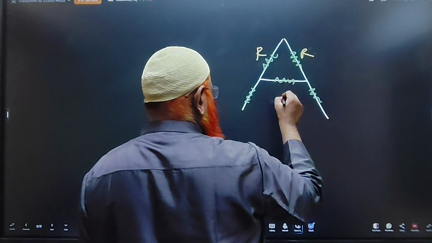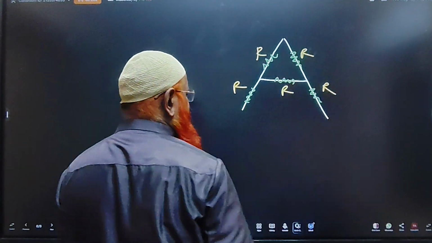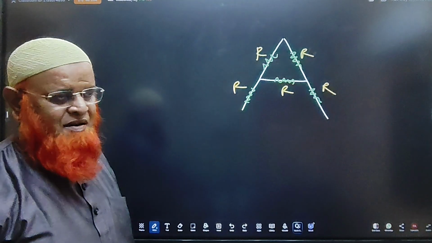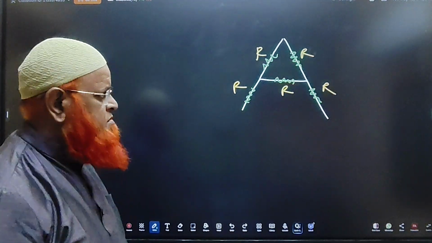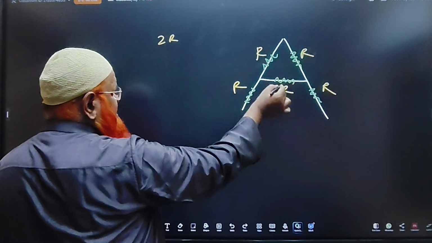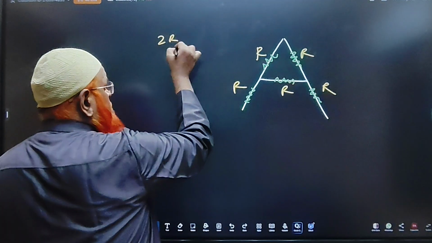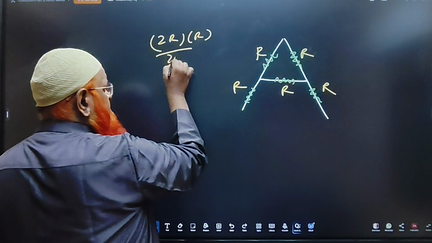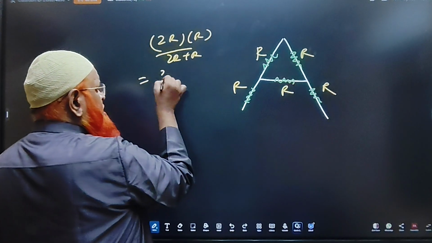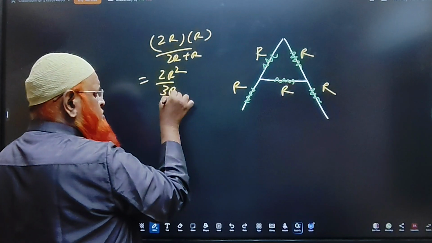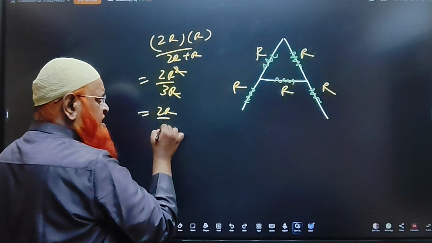This is R, this is R, this is R, this is R, this is R. What are going to be parallel here? What are going to be series here? These two are series. That's going to be 2R, and this is parallel with R. So 2R into R by 2R plus R is 2R square by 3R. Cancelling, you get 2R by 3 here.